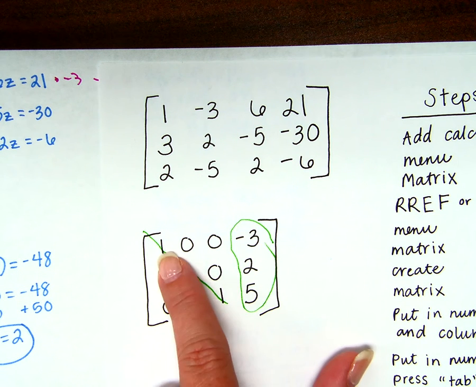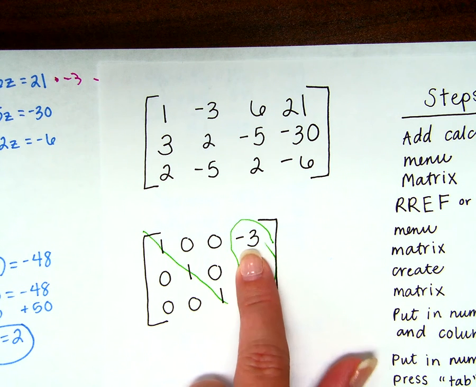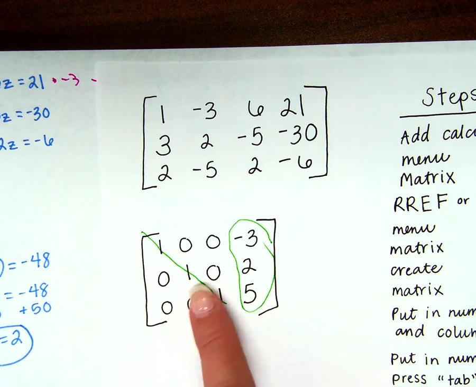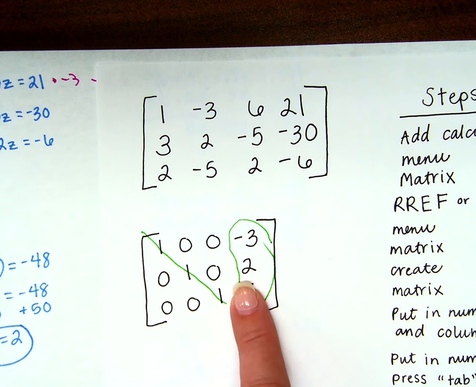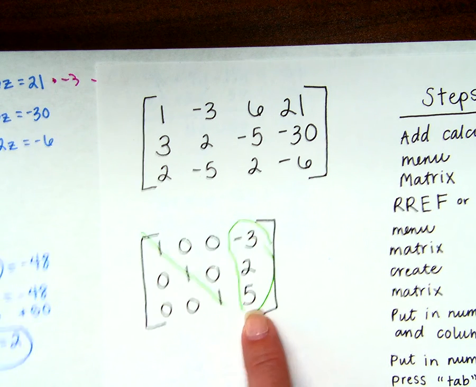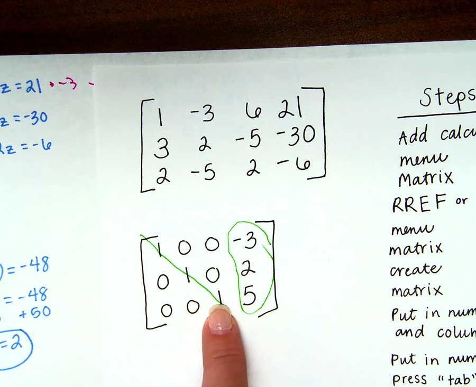Isn't it telling you that x equals -3? And 0x plus 1y plus 0z equals 2, isn't it telling you that y equals 2? And 0x plus 0y plus 1z equals 5, isn't it telling you that z is 5? That's why we look for the diagonal of 1s there.